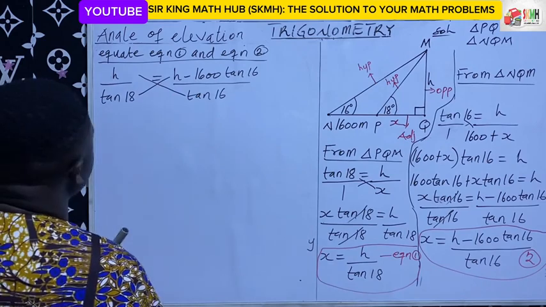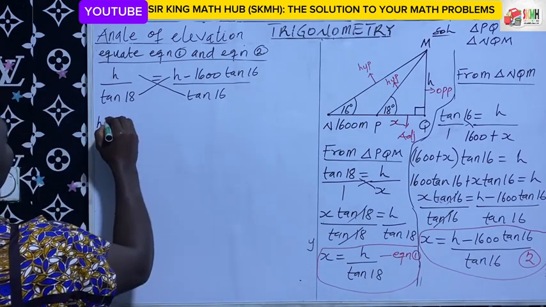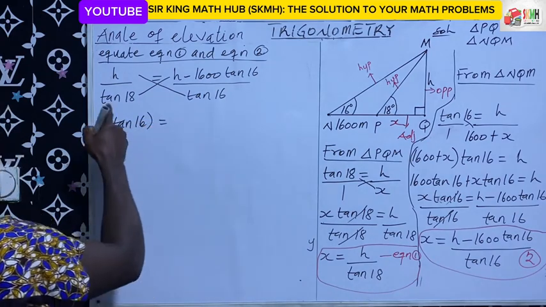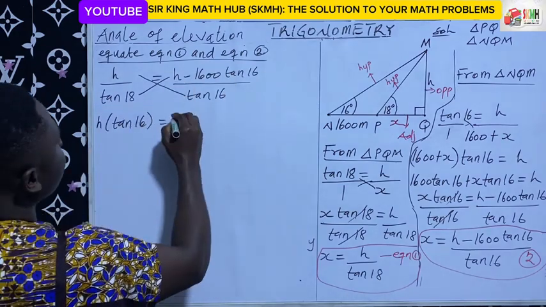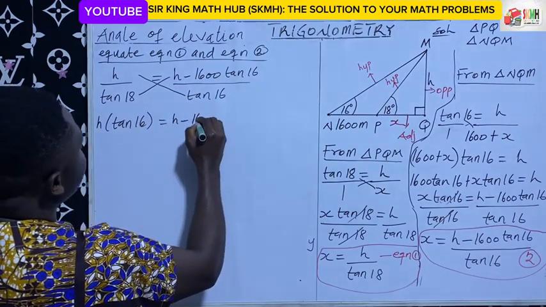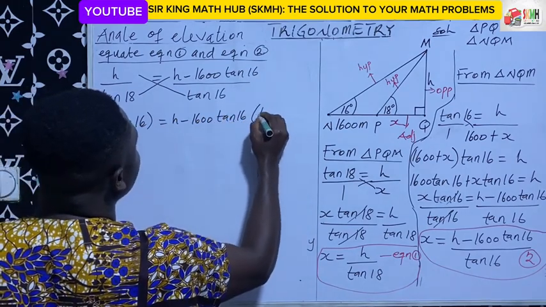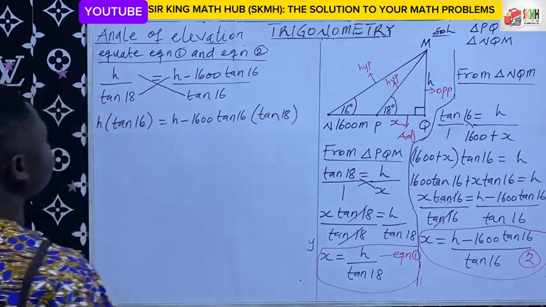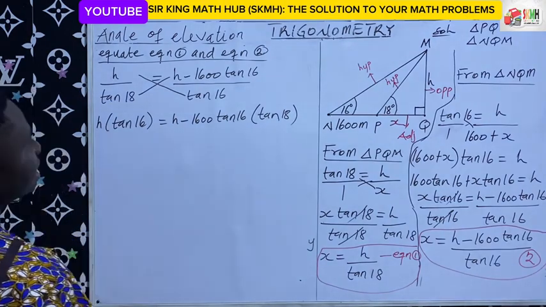So what is h times tan 16? We have h multiplying tan 16, and then this one, tan 18 times the whole of this expression, h minus 1600 tan 16 times tan 18. So let's expand.